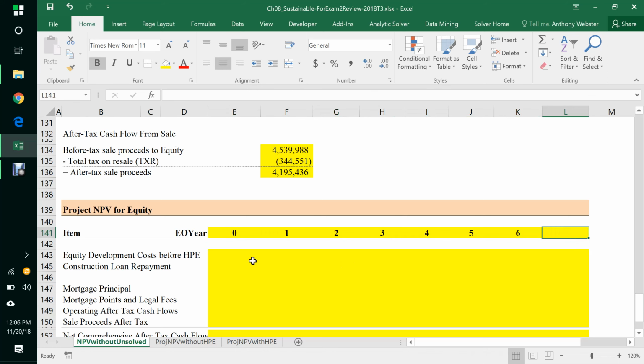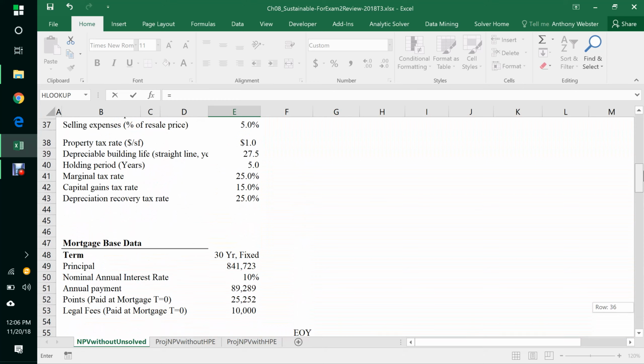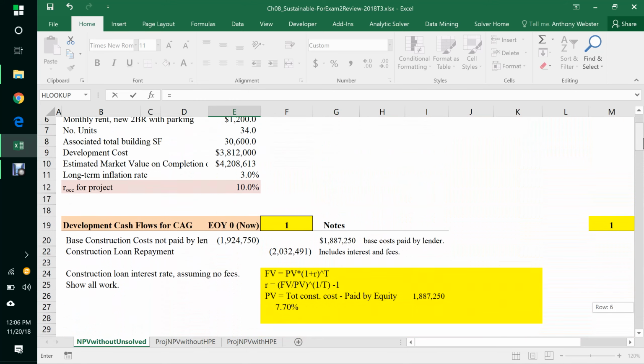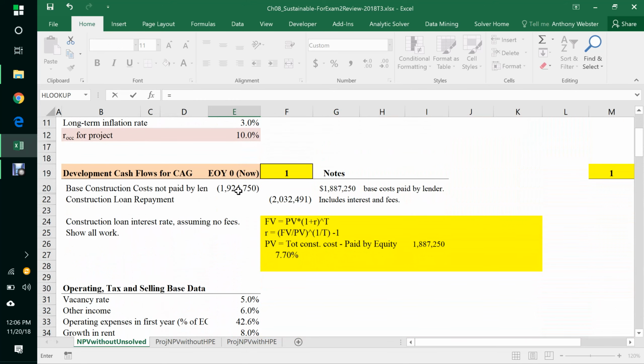Right. Okay. And now you just need to be careful to include everything in the right place with the right sign, and don't double count. Okay, and that's it. So the way I did this was to get the equity development costs on a line all by itself. So I have to go all the way up to the top, and here's the equity development costs.